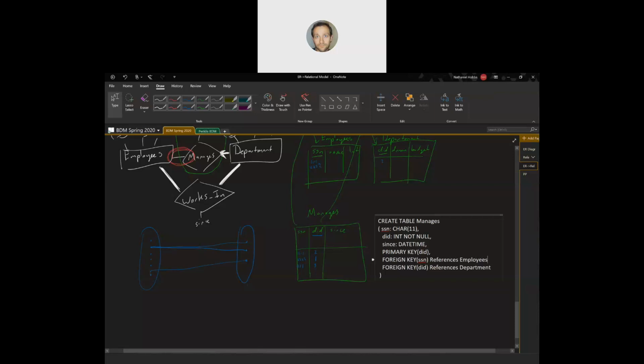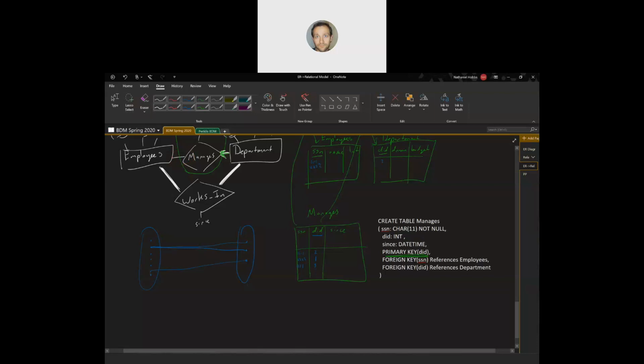Great. The thing to recognize here is the not null. Oh, I'm sorry, that's in the wrong place. Here, this would go in the SSN. So the primary key is the department, and this enforces the arrow part here, that you have at most one.